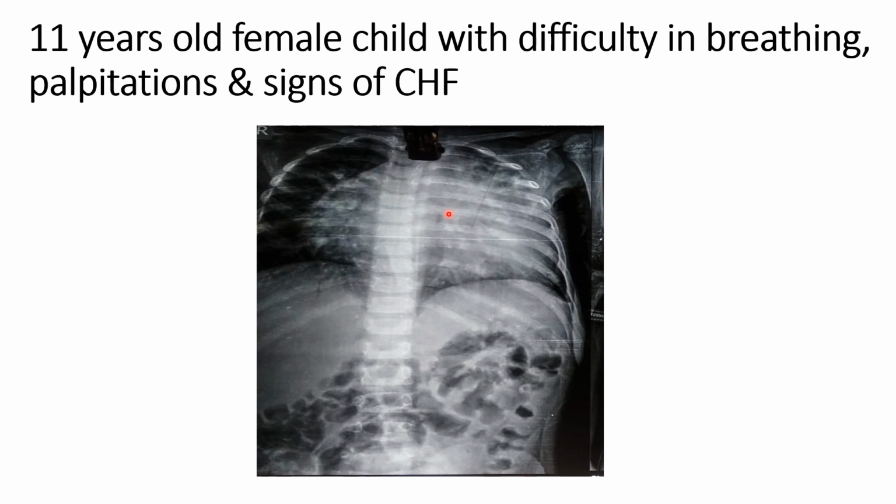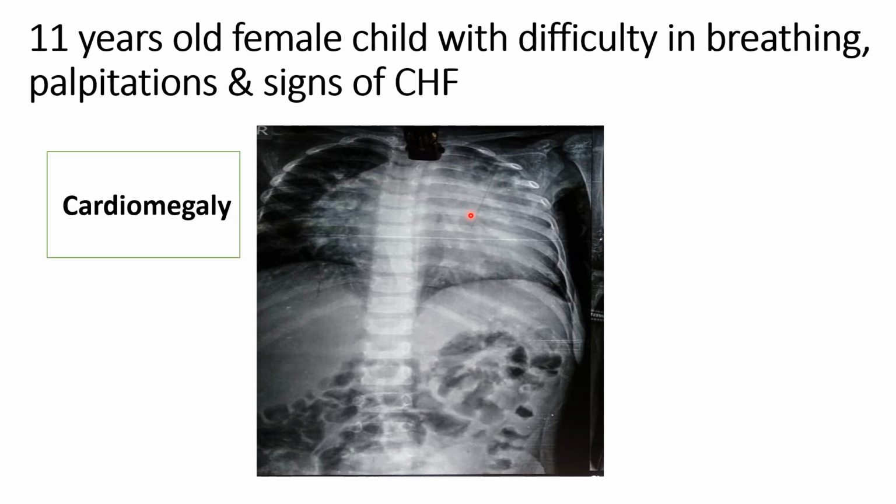Now this is another X-ray. The child had thalassemia major, was 11 years old, female, having difficulty in breathing, palpitation and other signs of congestive heart failure. Here you can see the huge cardiomegaly. When you calculate the CT ratio, it is more than 50%.